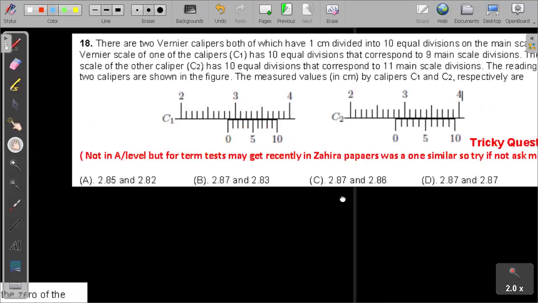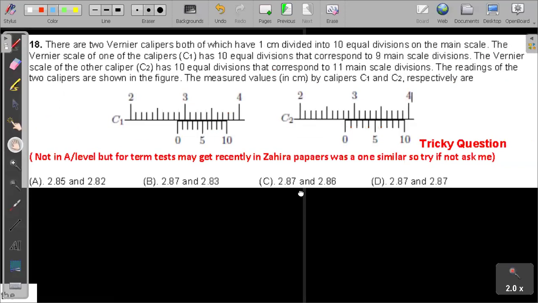Here, let's look at this. There are two vernier calipers, both with 1 millimeter as the main scale division and equal distances on the main scale. So 1 centimeter is 10 divisions, which means the least count is 1 millimeter. It is given in the right way. Caliper C1 has 10 equal divisions corresponding to 9 main scale divisions.